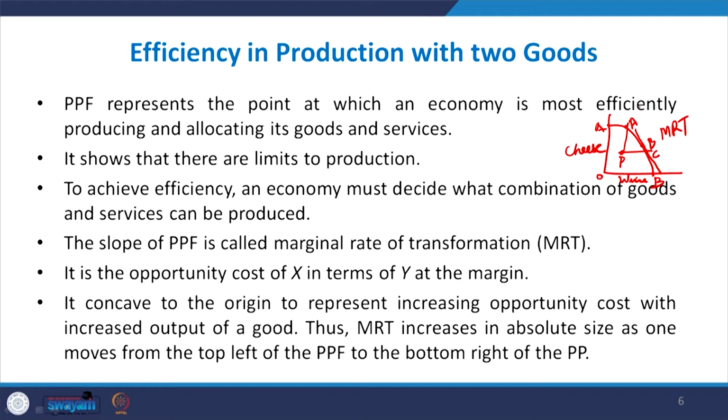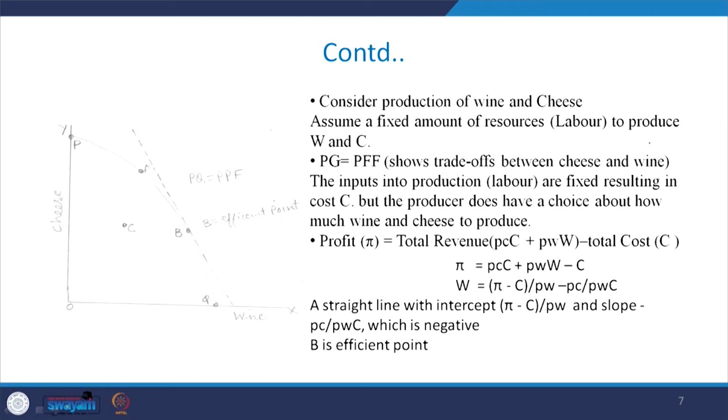If you move from point A to point B to point C on this production possibility frontier, the marginal rate of transformation will increase, indicating that the opportunity cost of producing more units of wine in terms of cheese increases. So, this can be shown by this production possibility frontier.